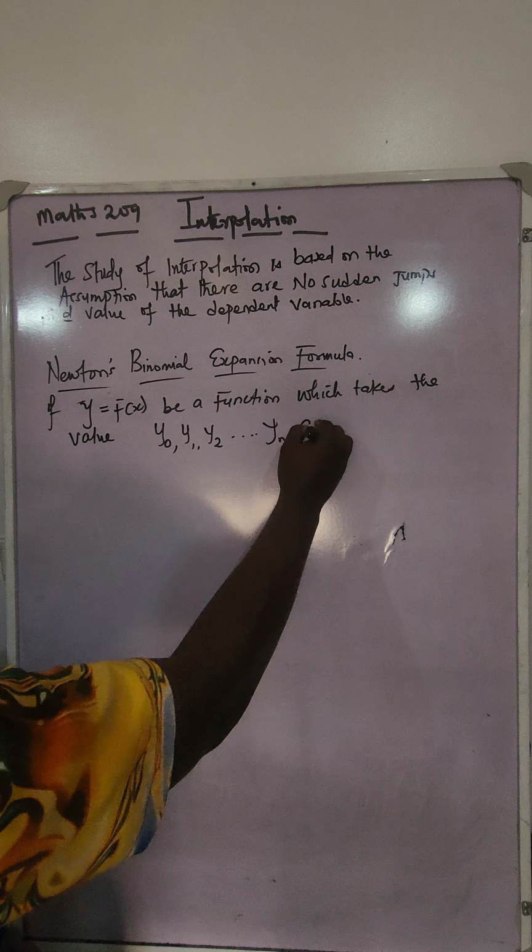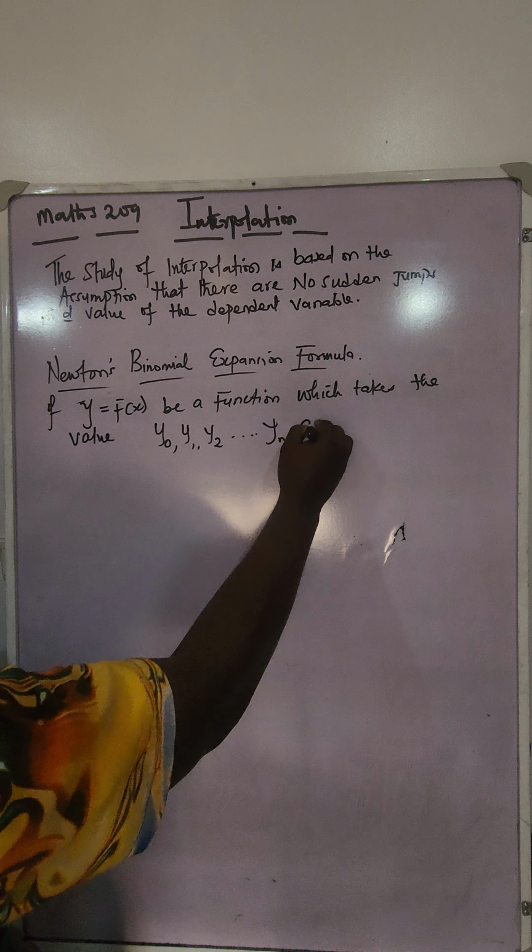And so the Newton binomial expansion formula states that E to the power of n y naught, minus n E to the power of n minus 1 y naught, plus n into bracket n minus 1 over 2 factorial E to the power of n minus 2 y naught, plus, as we approach, minus 1 to the power n y naught equals 0.